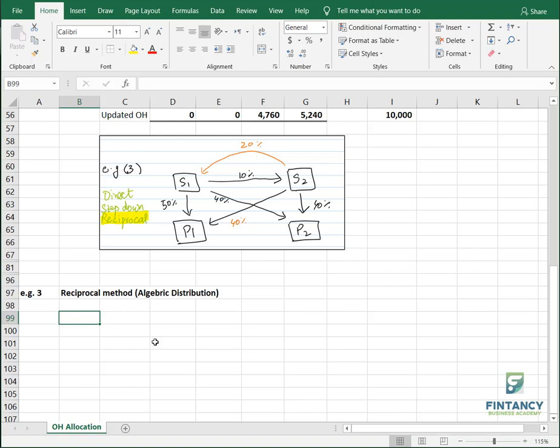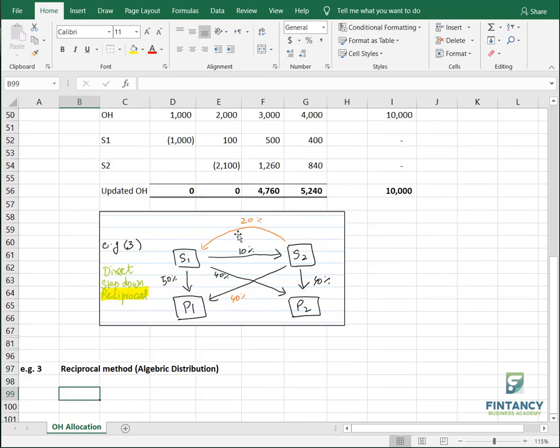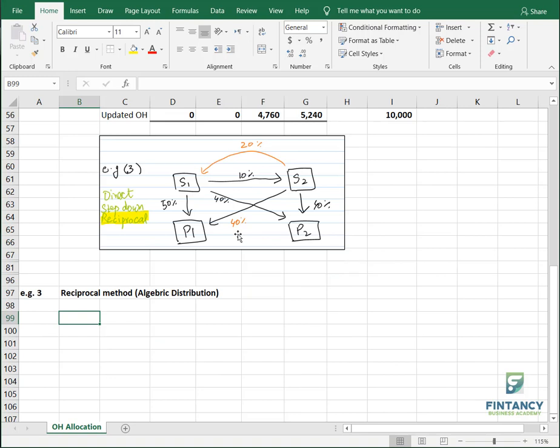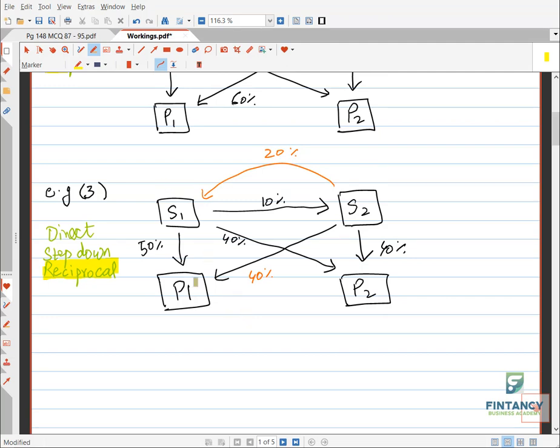So first of all, before we create the overhead distribution sheet, this is called overhead distribution sheet. So before we create this, we need to make equations and we need to solve the equations. Getting the story? Okay.